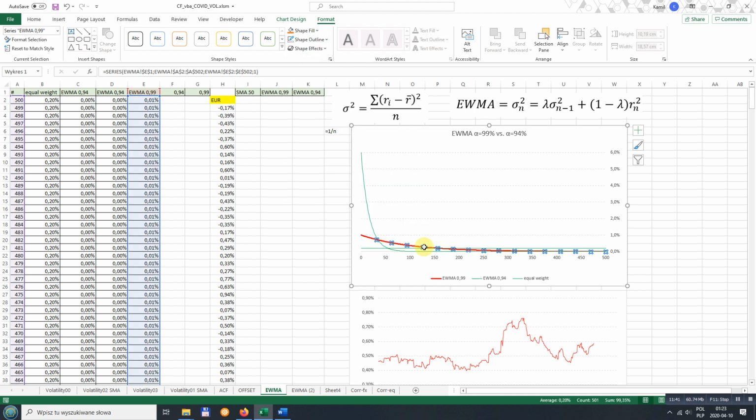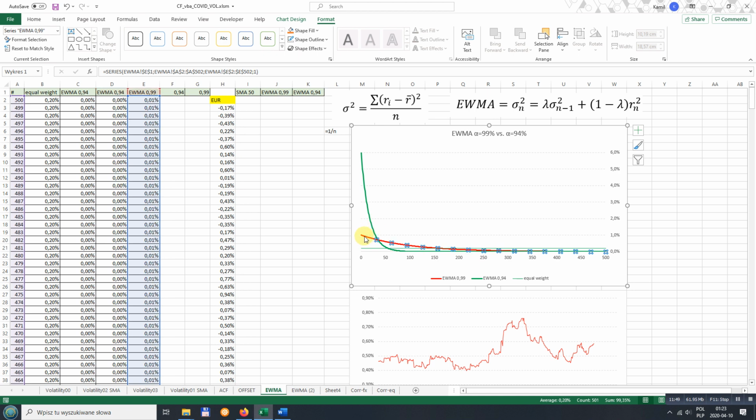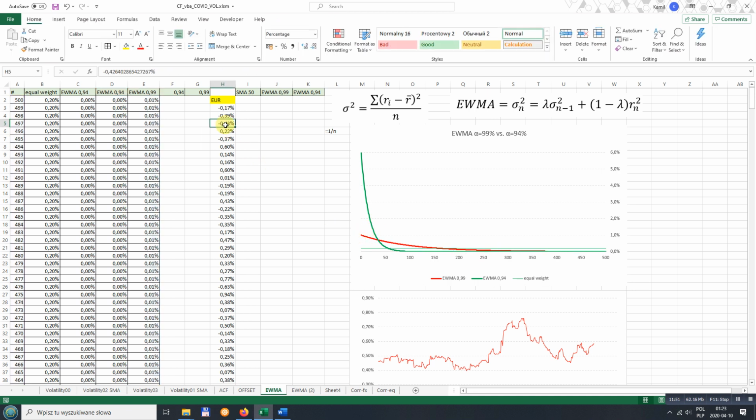So it's important to understand how these weights are constructed, but of course in practice you just need to focus on incorporating the data from financial markets into this algorithm.